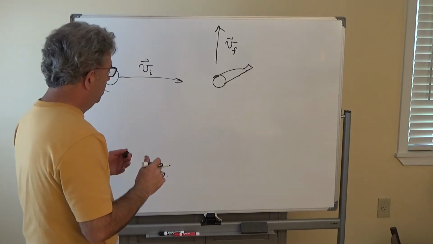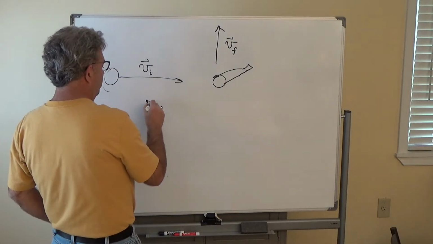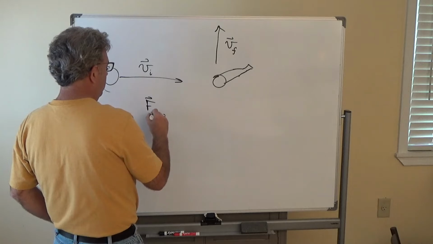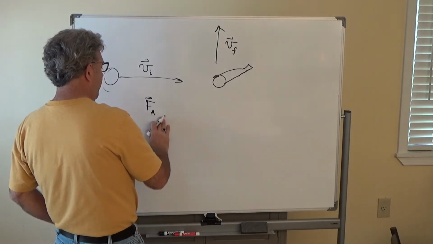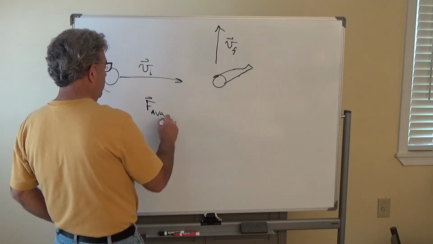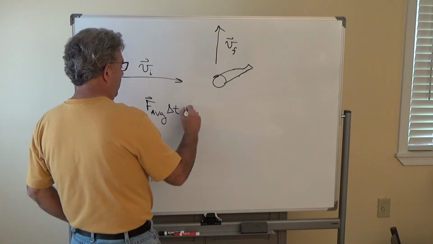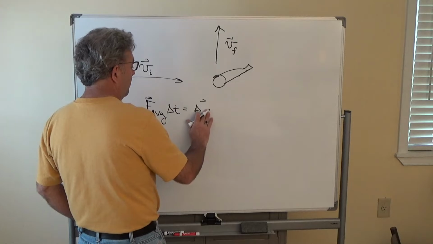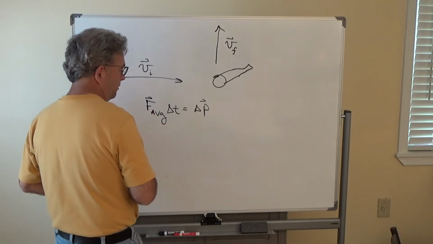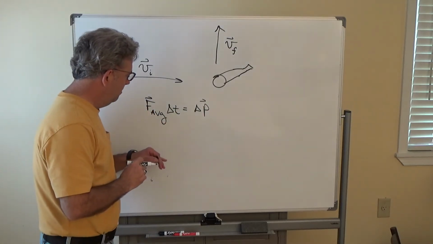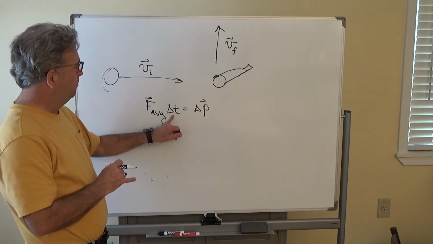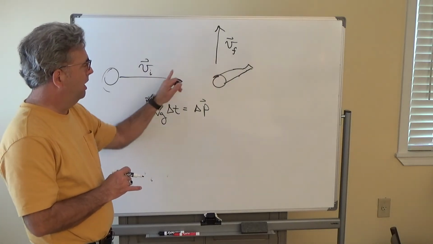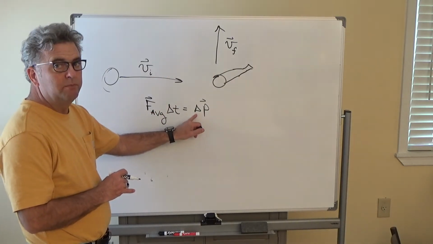All right. So the average force, this is F average, times delta T is delta P. Man, my writing's terrible. Delta P. Okay, so you know delta P, you can look at the change in momentum.